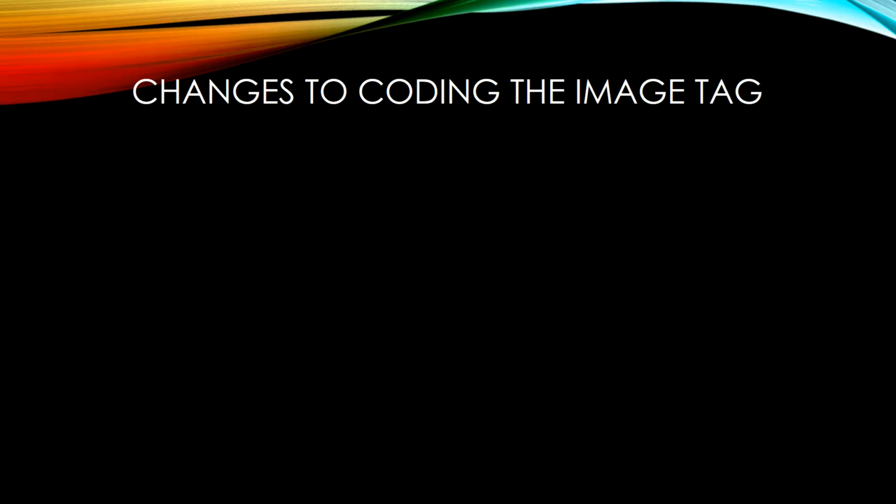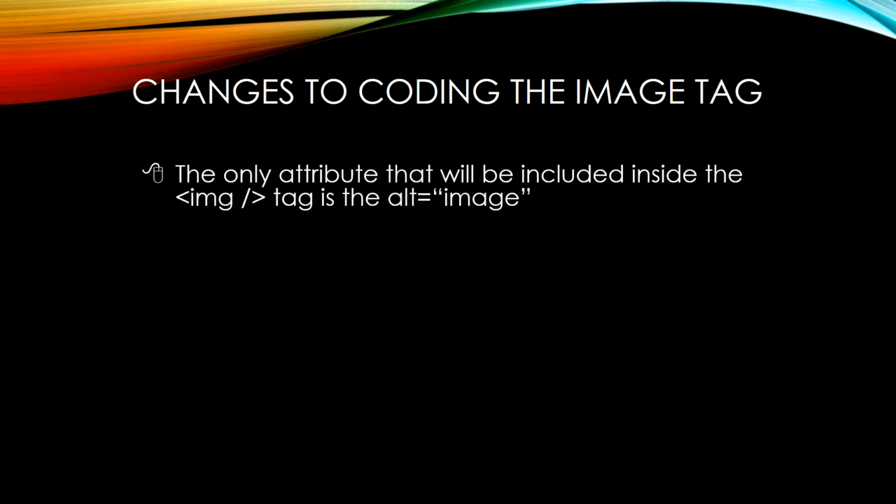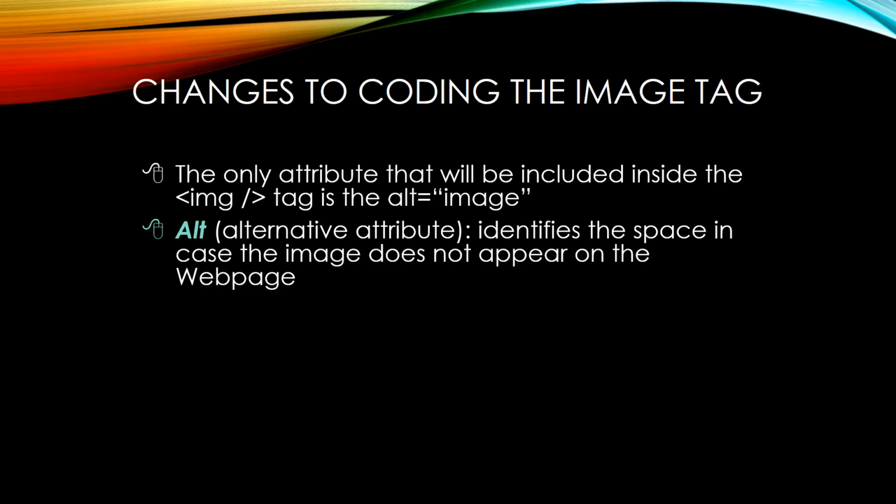Changes to coding the image. Before we actually talk about how we're going to add CSS3 styling to an image, we have to talk about the changes that you have to make now, since you are now using CSS3. The only attribute that will be included inside the image tag is the alt equals image.